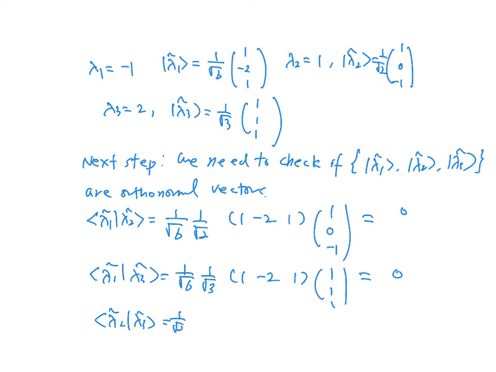Square root of 2, square root of 3. 1, 0, minus 1 dotted with 1, 1, 1. Okay? 0. So we have seen that at least those three normalized eigenvectors are an orthonormal set. So we just found out that.